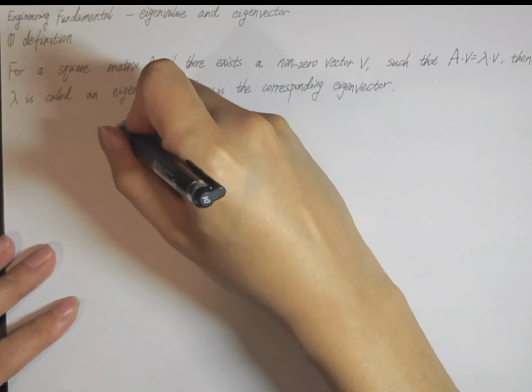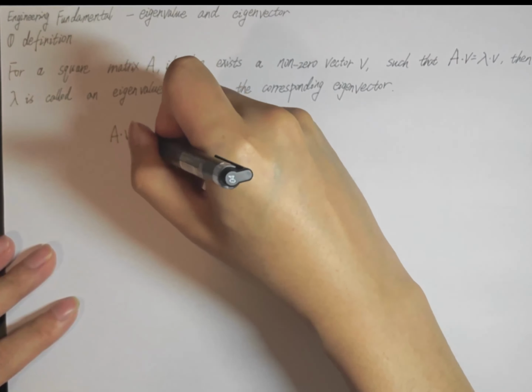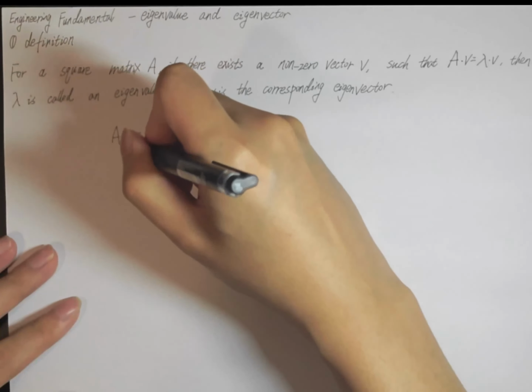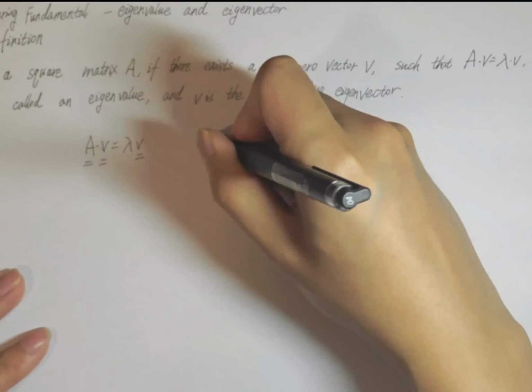So, how do we understand this formula? Matrix A multiplied by V equals lambda multiplied by V. In this formula, matrix A represents a matrix, V represents a vector, and lambda is a constant value.